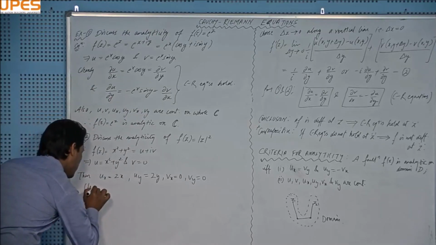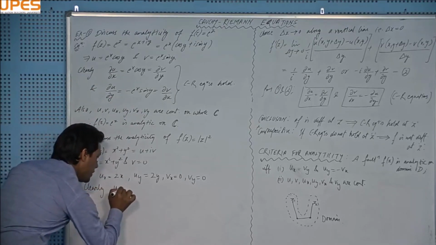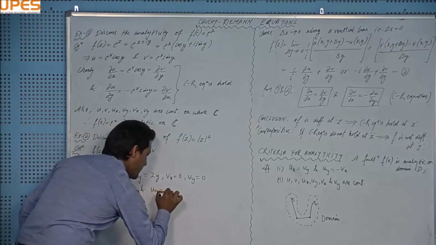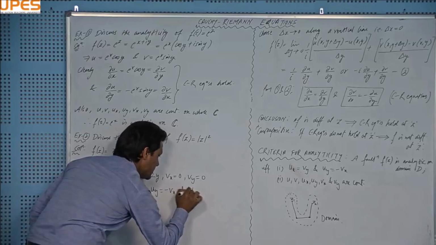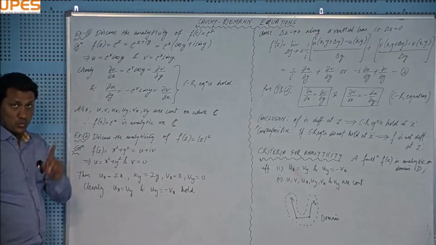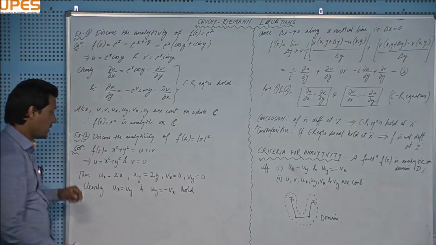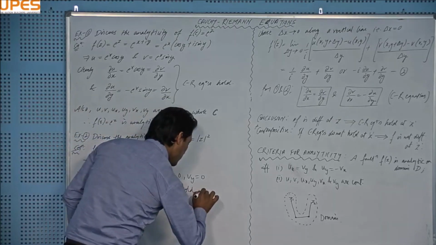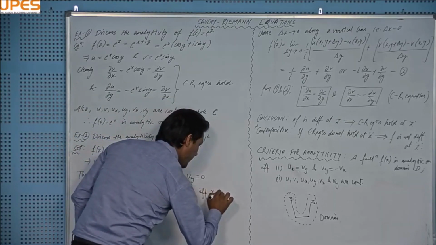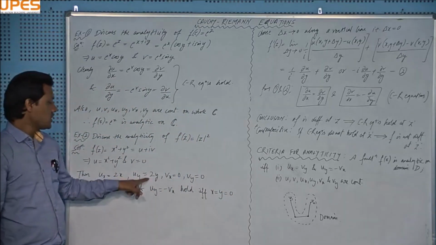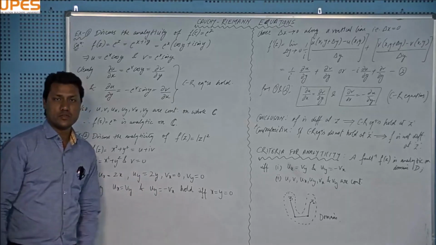Clearly, ux equal to vy and uy equal to minus vx, these Cauchy-Riemann equations, will hold for one condition, if and only if x equal to y equal to 0, right? If you put x equal to 0 and y equal to 0, then automatically these derivatives will be equal.